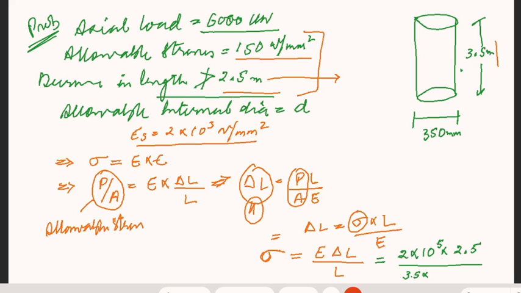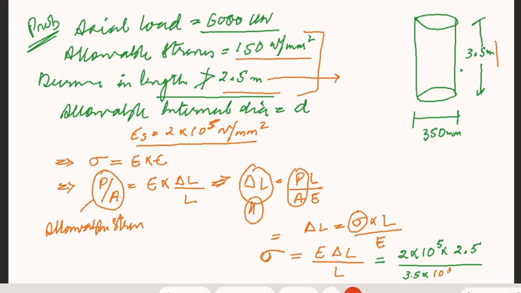It is 5. It is 200 GPa. Okay, and then we have the length, 10 raised to the power of 3 again.